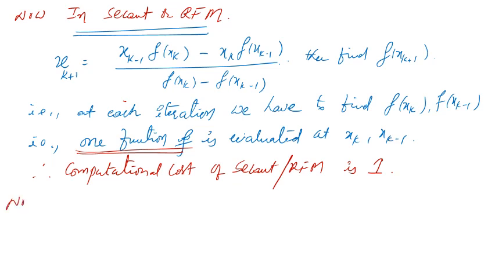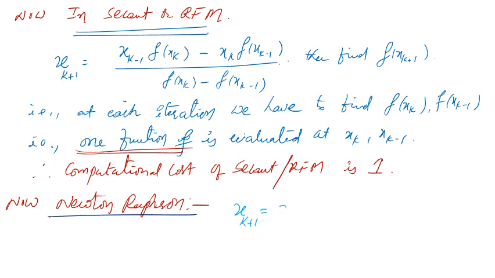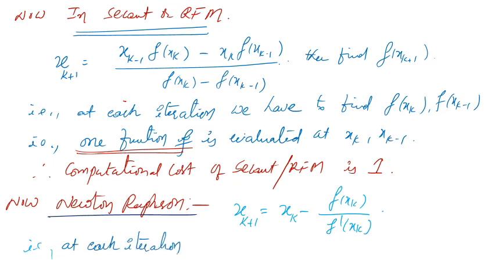Now coming to the Newton-Raphson method. What is the formula? xk plus 1 is equal to xk minus f of xk by f dash xk. That is, at each iteration we require what values?